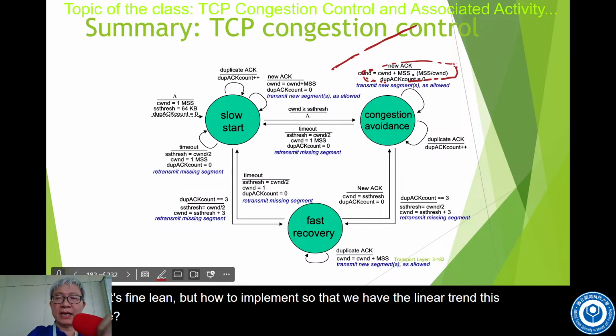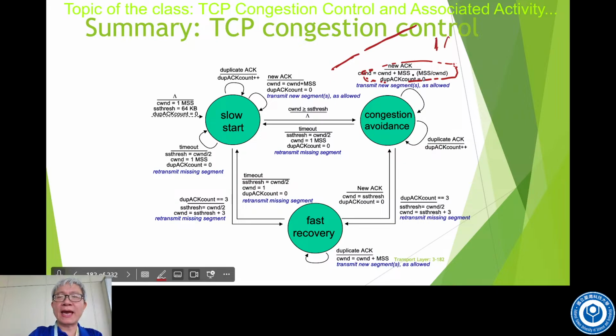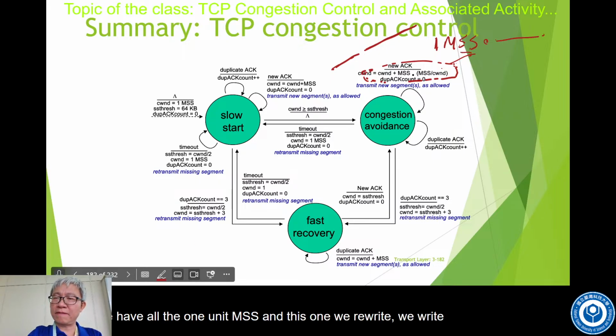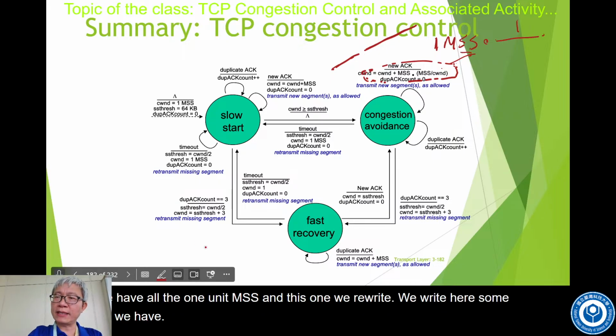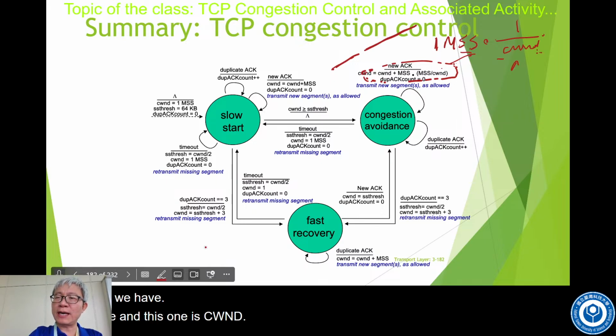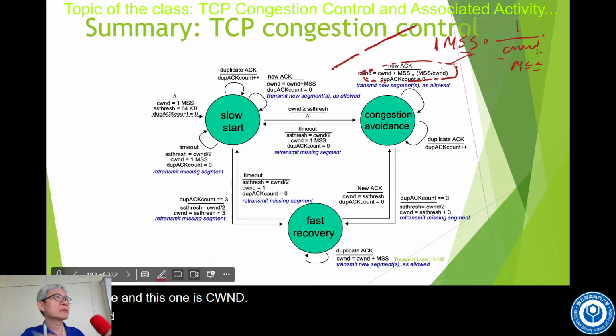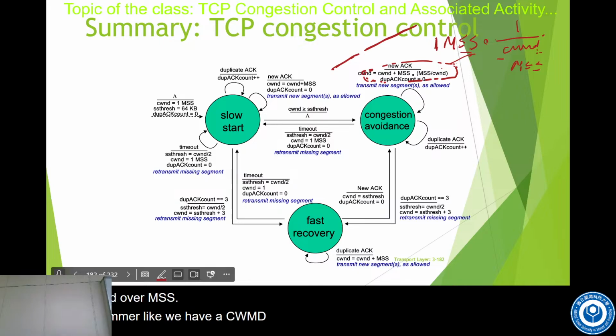We have the 1 unit, MSS. And this one we rewrite here. Something like 1, and this one is CWND over MSS. Look at this: CWND has the unit, actually byte or bit.